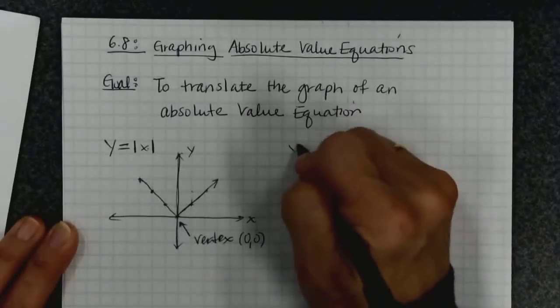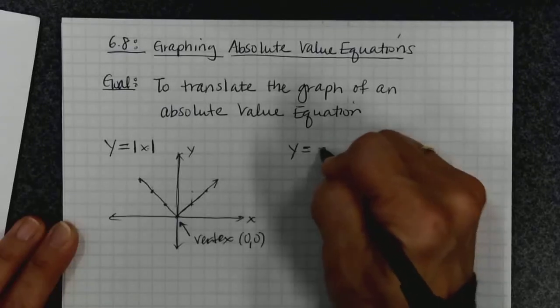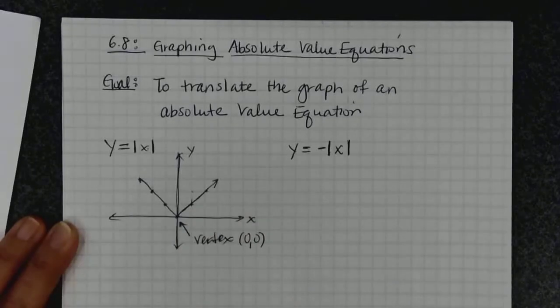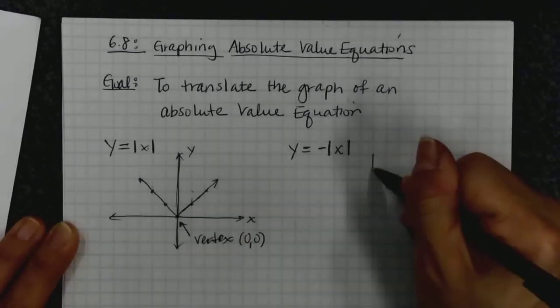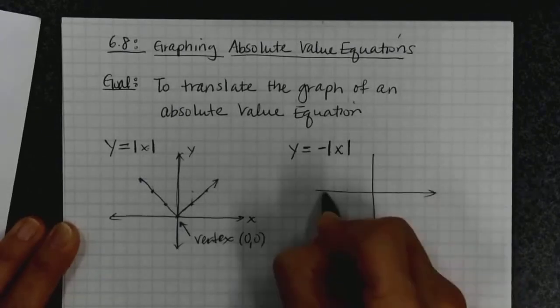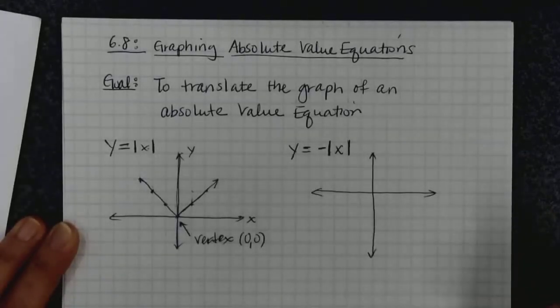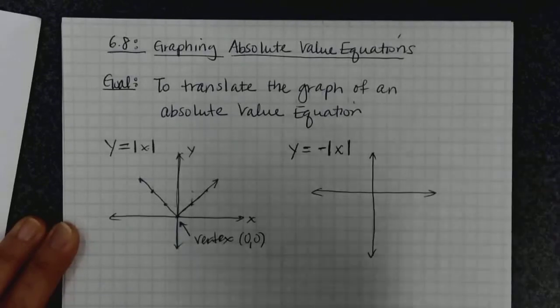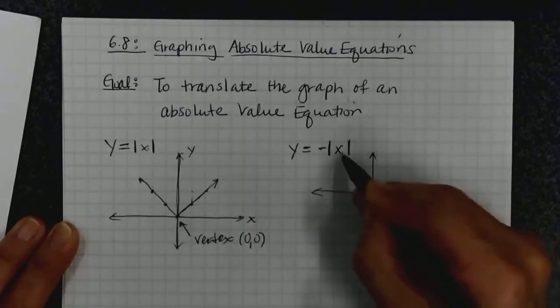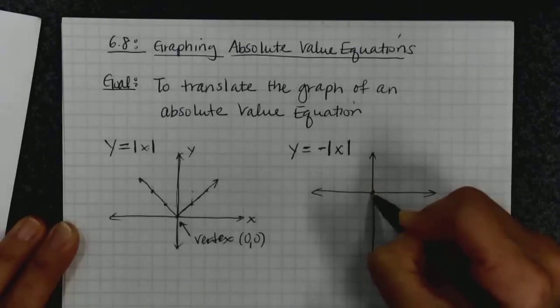And when I have y equals negative absolute value of x, even though it gives me the same V, it will be a little different from the other one. So when there's a negative on the outside, when I plug in 0 for x, y is also still 0, because absolute value of 0 is 0.